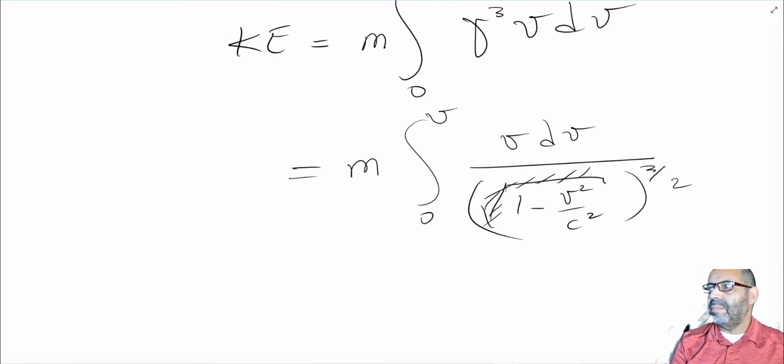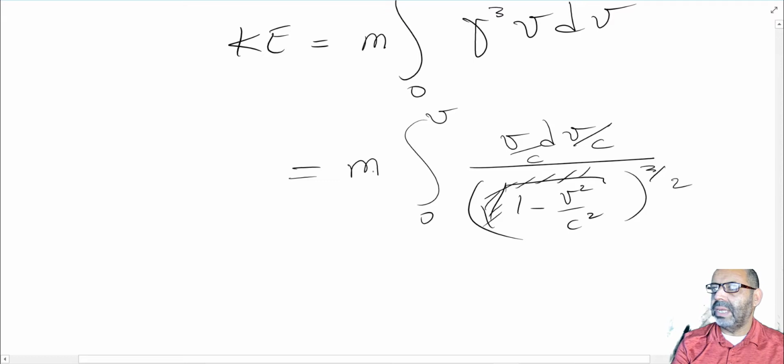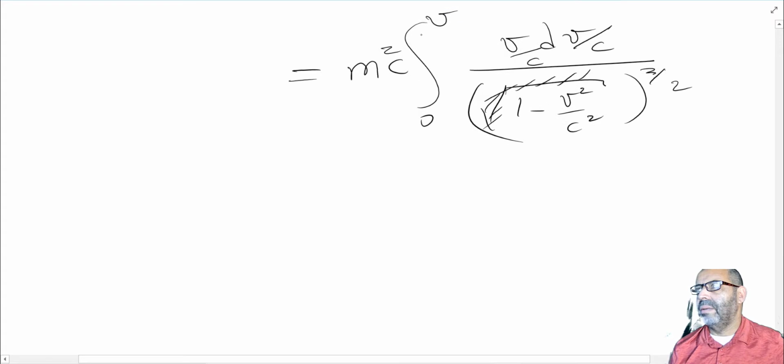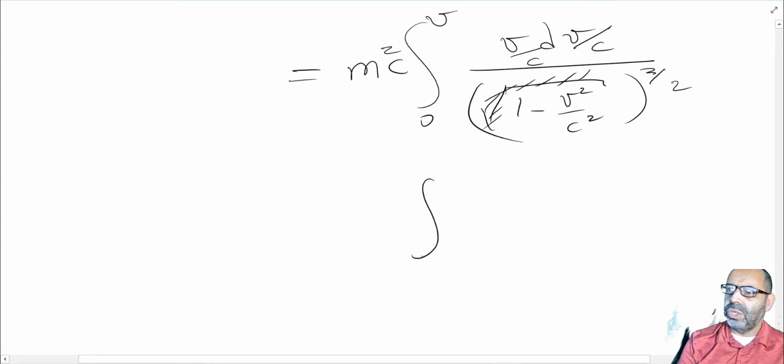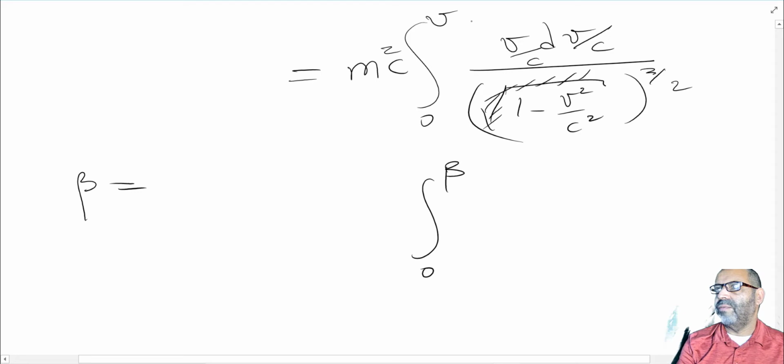So, if I divide here by c, and multiply by c squared in here, I'm doing the integration then for beta, and beta is changing from 0 to beta, I'm sorry, because this is an indefinite integration. So the integration is from 0 to beta, where beta now, please don't confuse this v inside with the v in the integral.